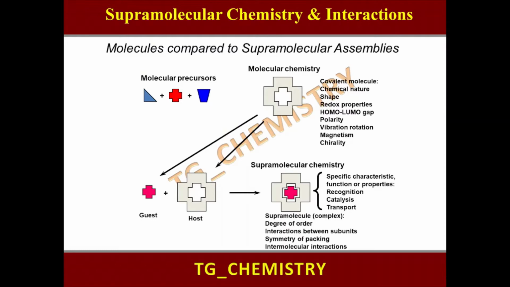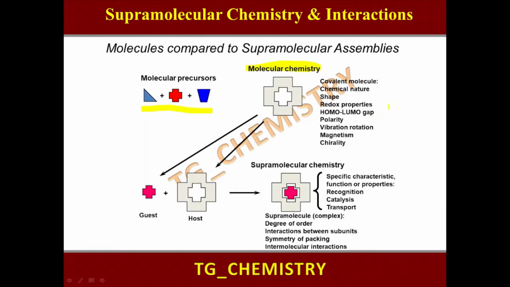First, this slide I have shared earlier as well, where I have compared the molecules with the supramolecular assemblies. And again, starting the host-guest chemistry, it is very important to talk about this again. Here you can see the molecular precursors can combine with each other by means of covalent bonding, and these are known as molecular chemistry.